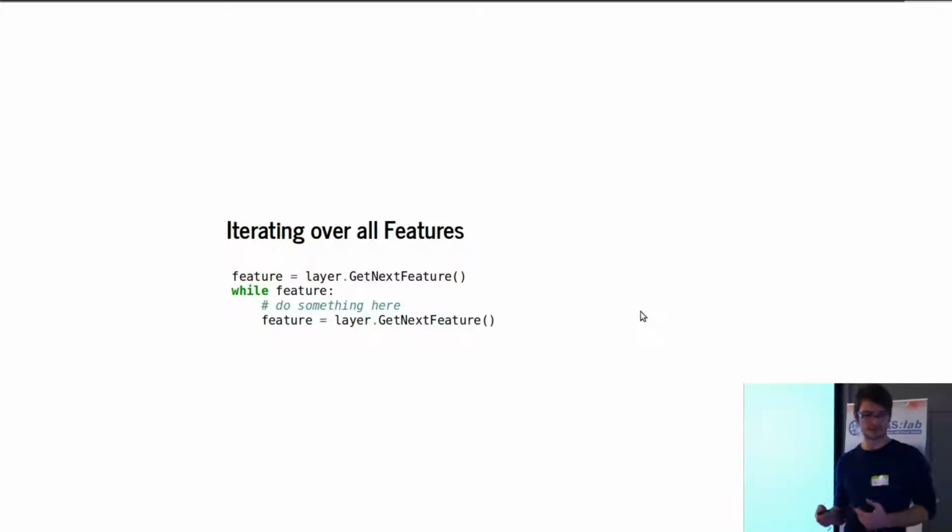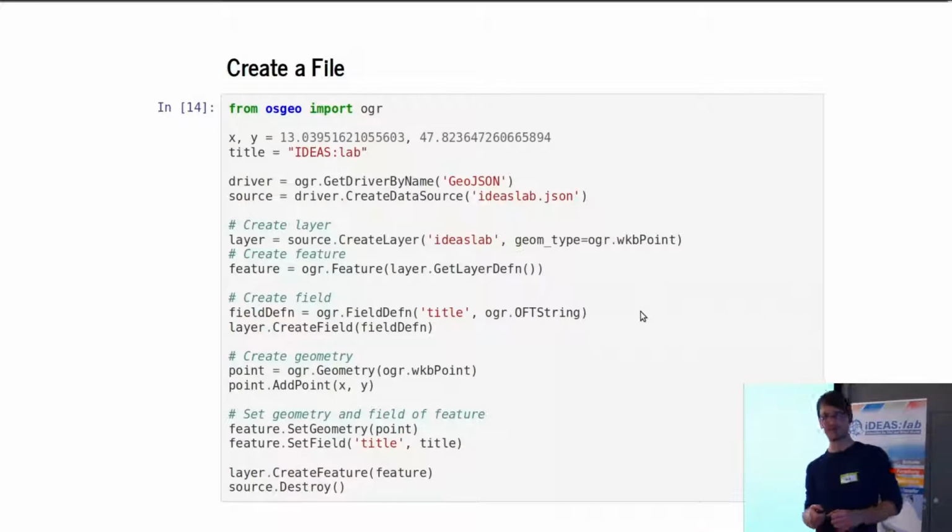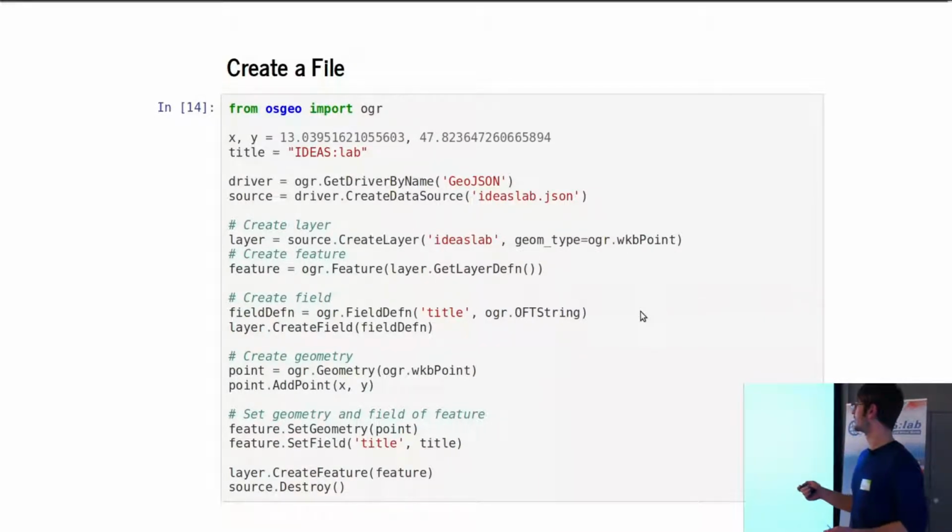If you want to iterate over all features, you can do this with this. Fairly simple. And if you want to create a file, you have to do a little bit more. So in this whole thing, you want to have the coordinates and the title, and in this case I want to have it as a GeoJSON. You create the driver, as we saw before.